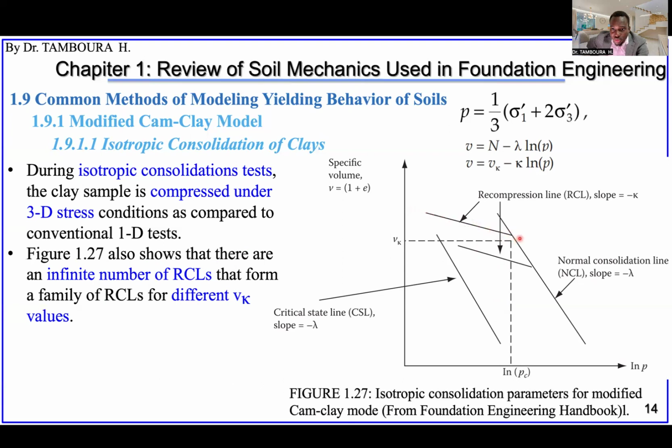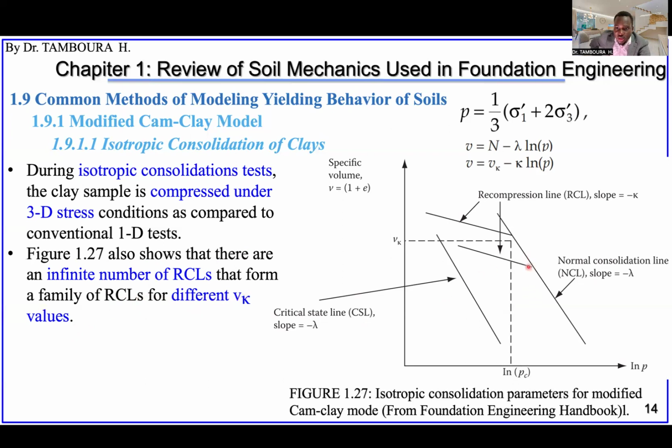This line, for example, is a possible way. This is another one. We can have many of them, and that will form a family of RCLs for different VK values.